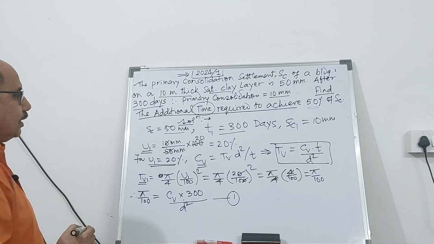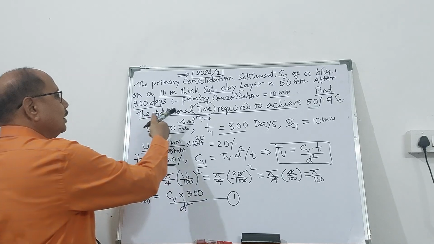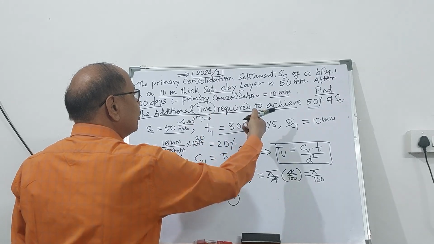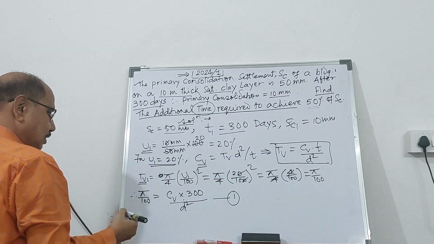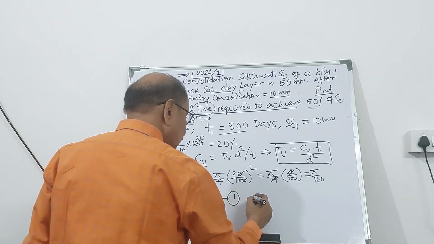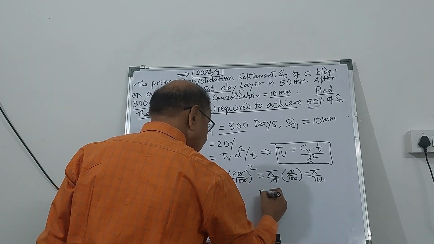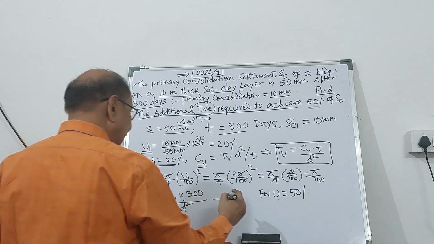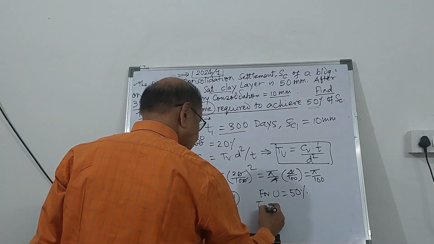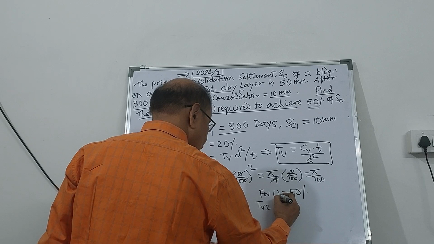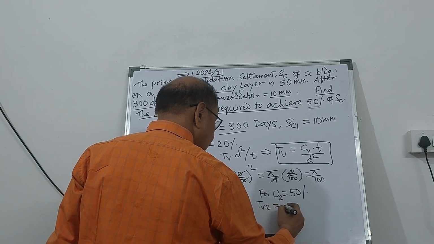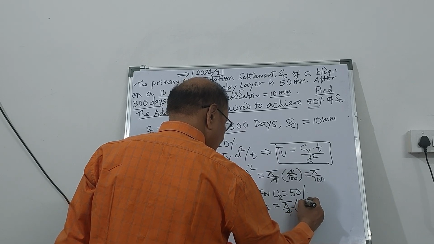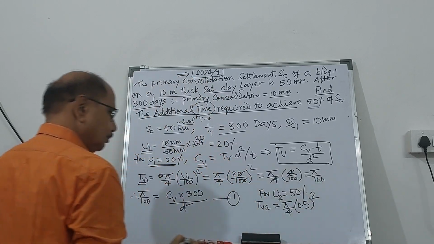Now, if you look at this problem, find the additional time required to achieve 50% of SC. So for 50% of SC, for U equal to 50%, the time factor TV2 equal to pi by 4 into 0.5 whole square.